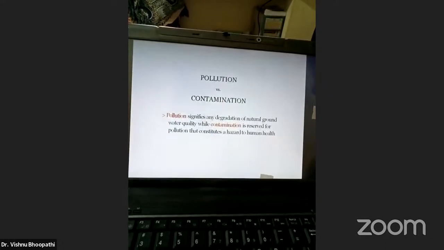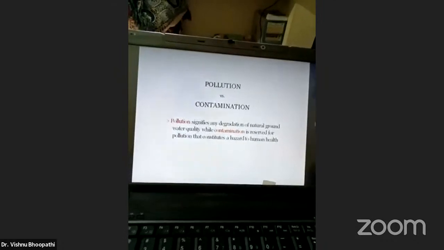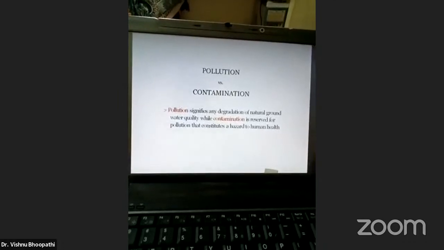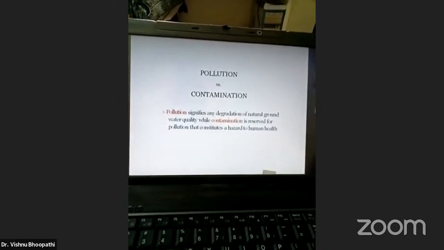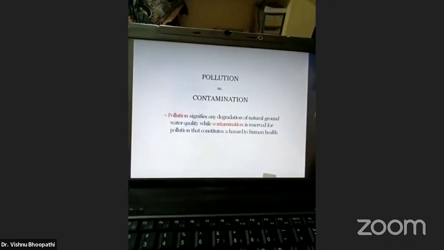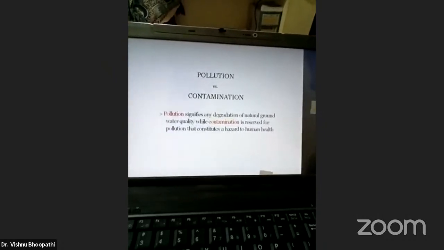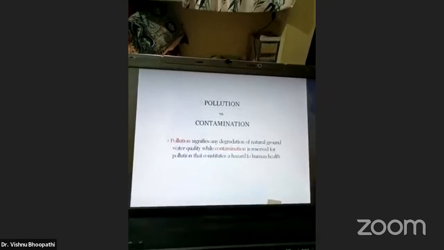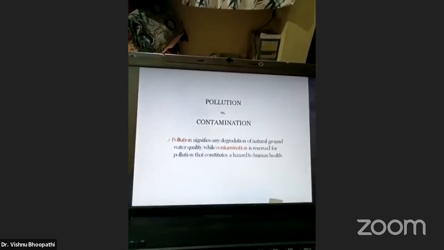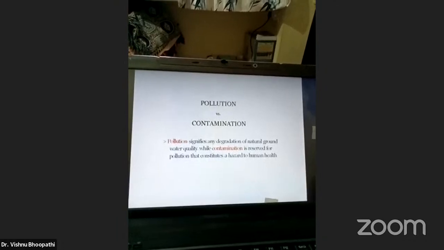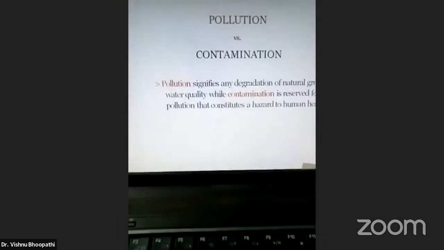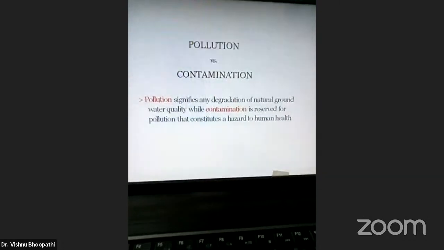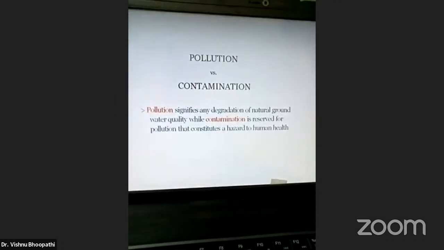What is the difference between pollution and contamination? Pollution signifies any degradation of natural groundwater quality, while contaminants are reserved for substances consisting of very hazardous and dangerous materials. These are all dangers for our health.